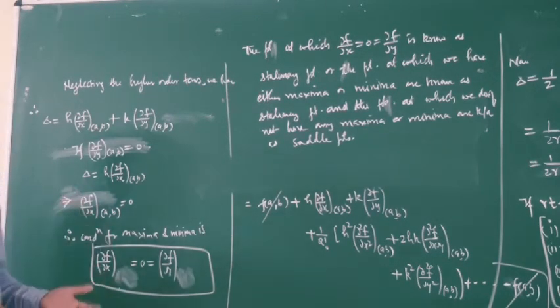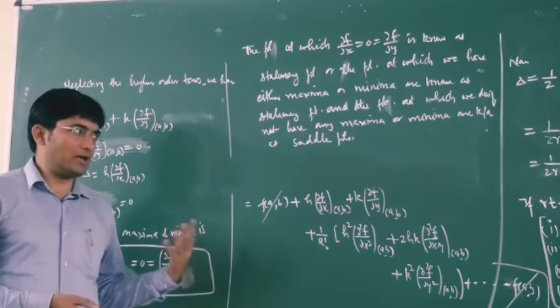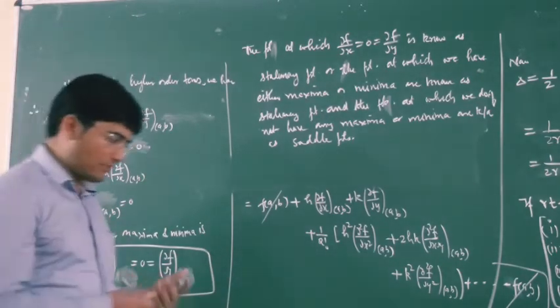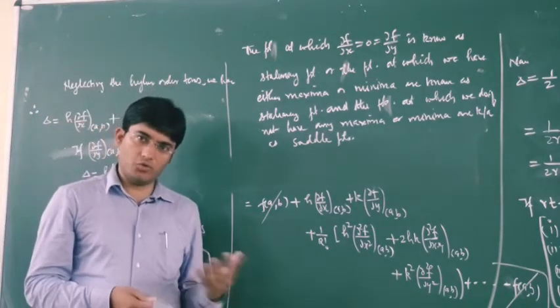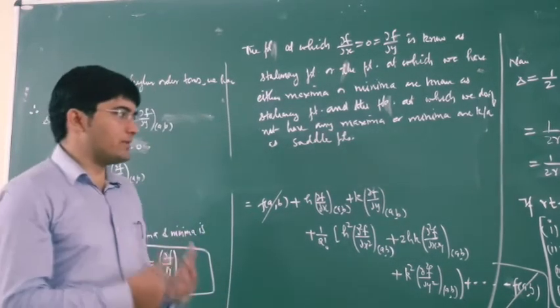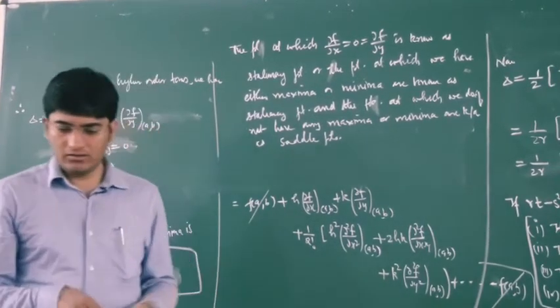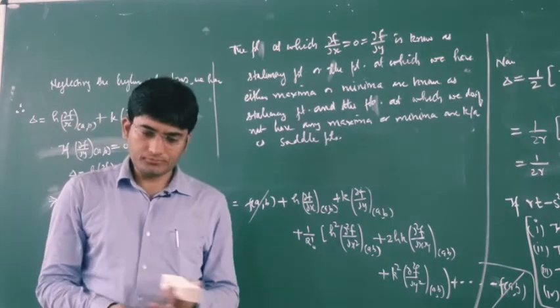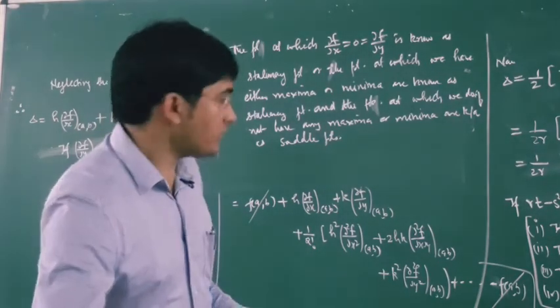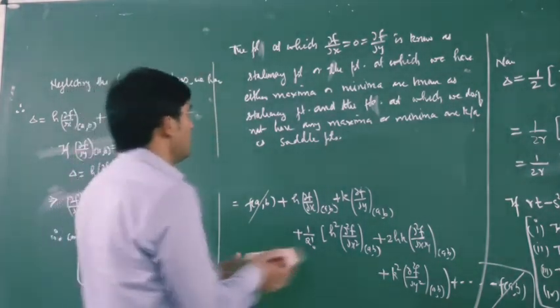Now if rt minus s square is positive and r is positive, we will say that we have a minimum. And if rt minus s square is positive and r is less than 0, then we will say that we have a maximum. And if rt minus s square is 0, then our case will be doubtful. So let us solve a few questions related to maximum and minimum.